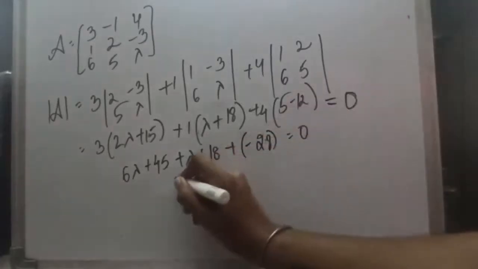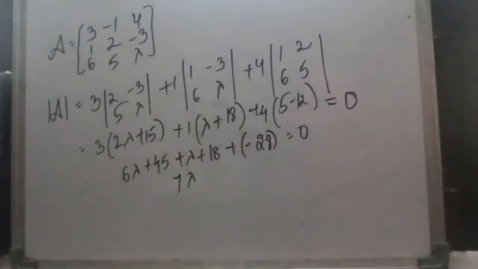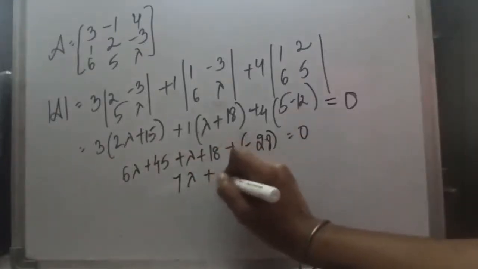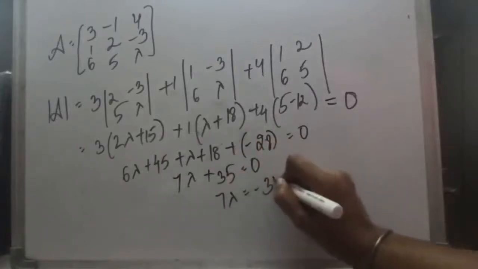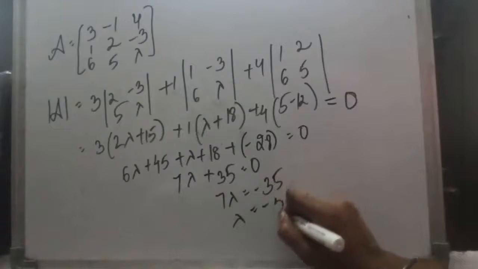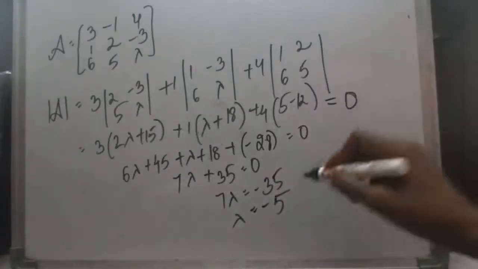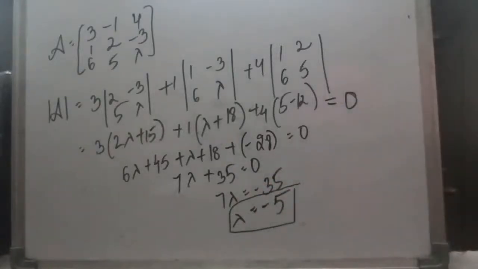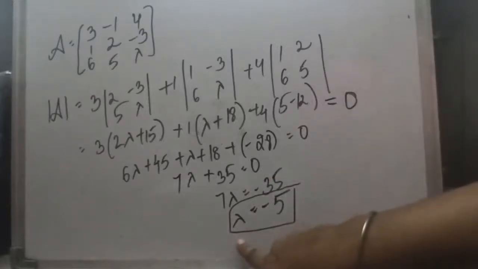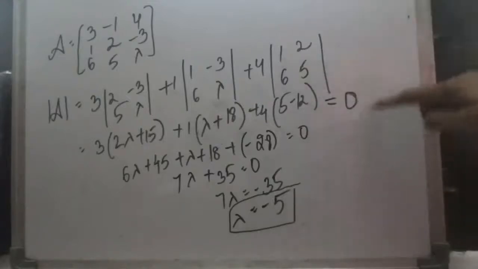So from here we will find the value of lambda. It will be 7 lambda, 45 plus 18 is 63, minus 28, so plus 35 is equal to 0. 7 lambda will be minus 35 and lambda will be minus 5. So we have got the final answer: lambda is minus 5. The set of equations will not have any solution as the determinant is 0, and if lambda is minus 5, it is proved that the system will not have any solution.